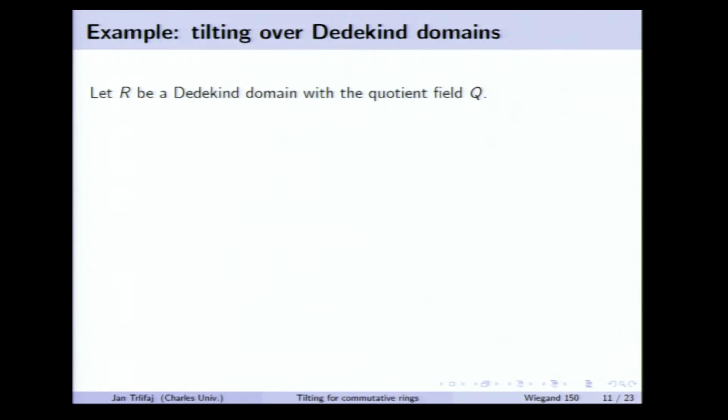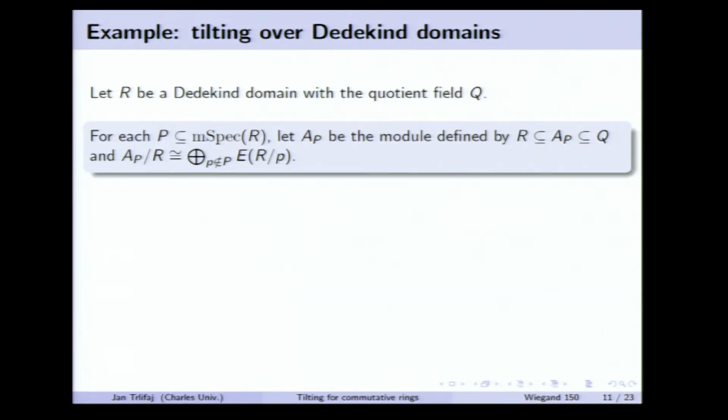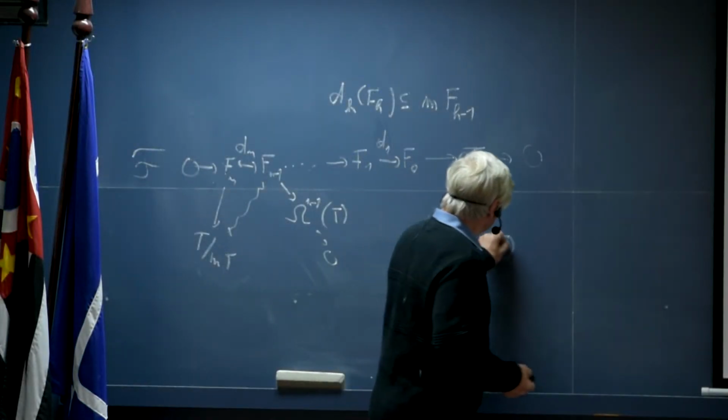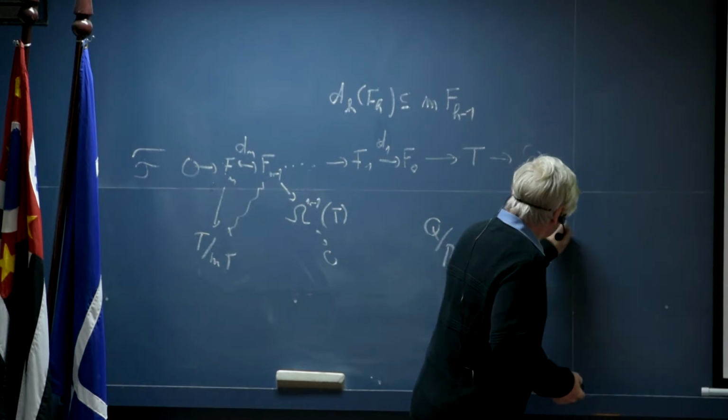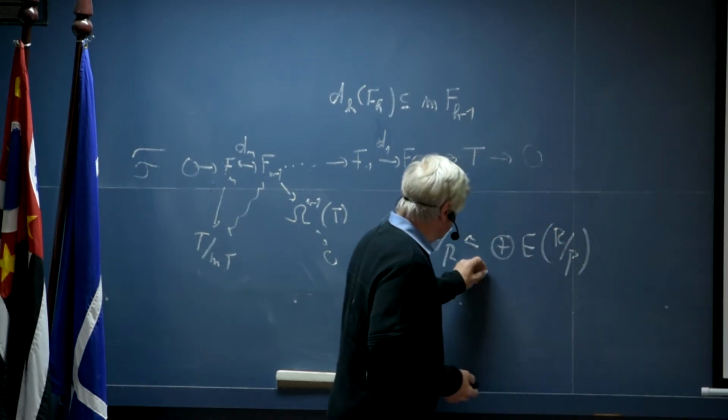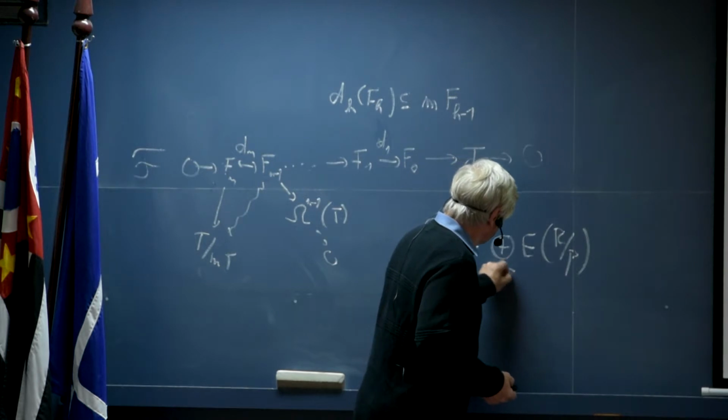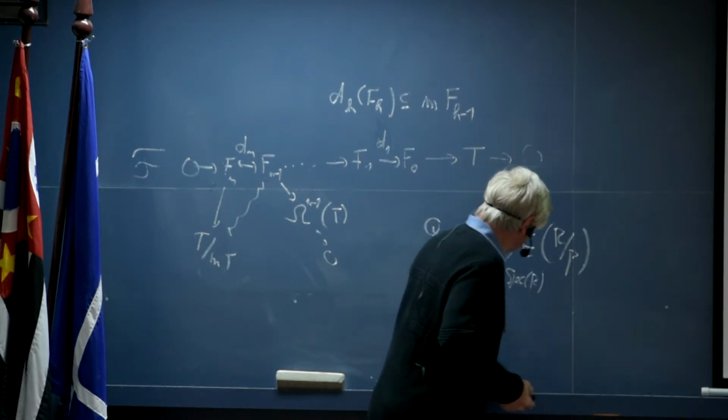So take a Dedekind domain with a quotient field Q and take a subset P of the maximal spectrum, so some set of maximal ideals, and you define this module which lives between R and the quotient field. It's defined using the fact that this injective module, the torsion injective module, is the direct sum of all indecomposable injectives over all maximal ideals, a well-known fact.